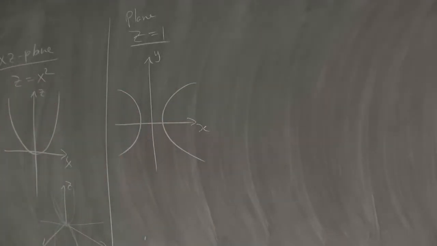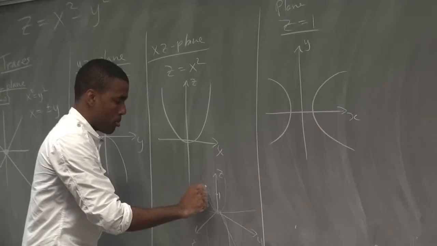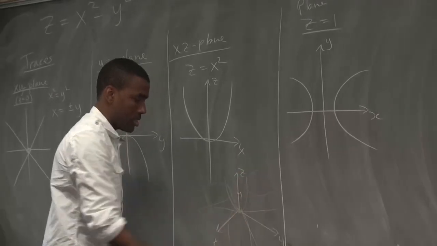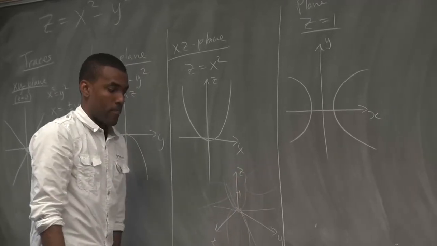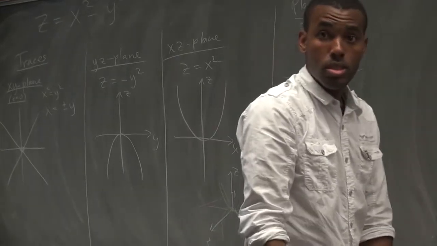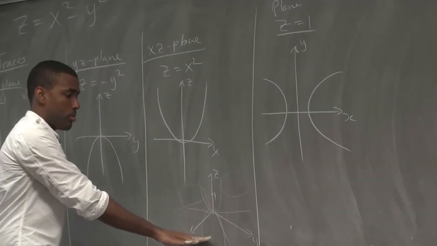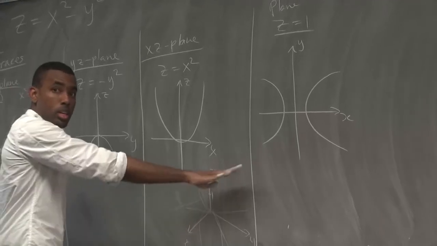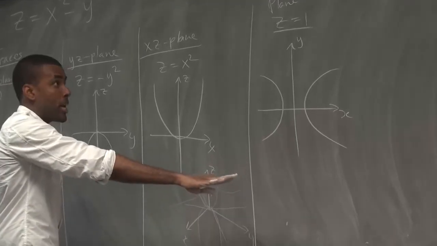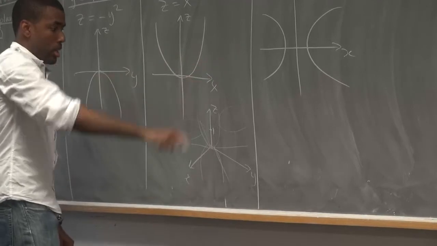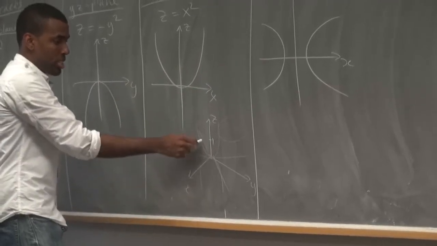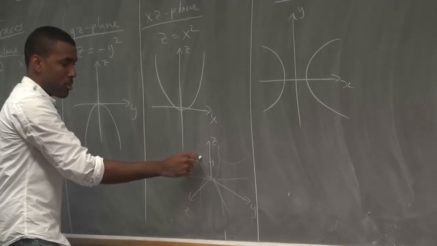So now I see if I'm up here at z equals 1, there are actually hyperbolas going out at the ends. Wait, how did you do it that way? z equals 1. I'm thinking I'm hovering above the xy plane at the level of 1, and then I draw that shape. But then you sort of see that that shape is connecting to the parabolas here.